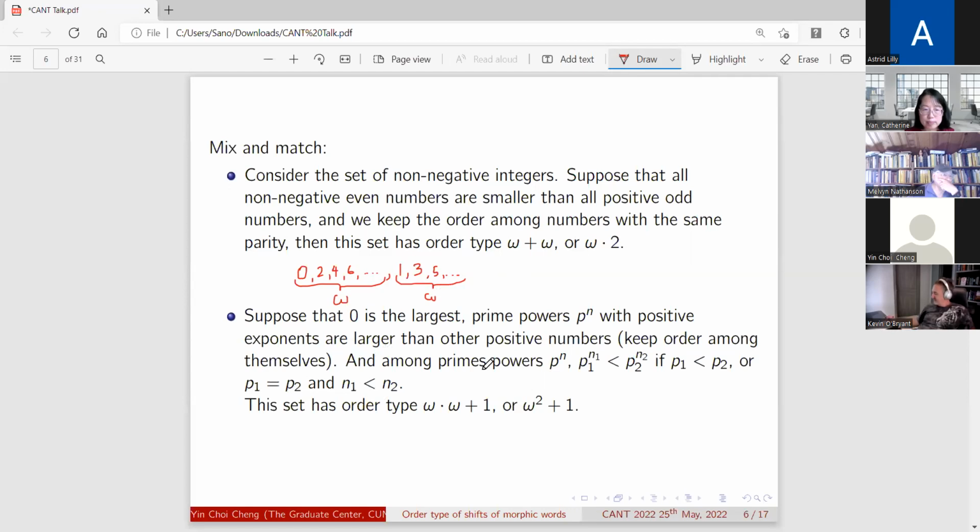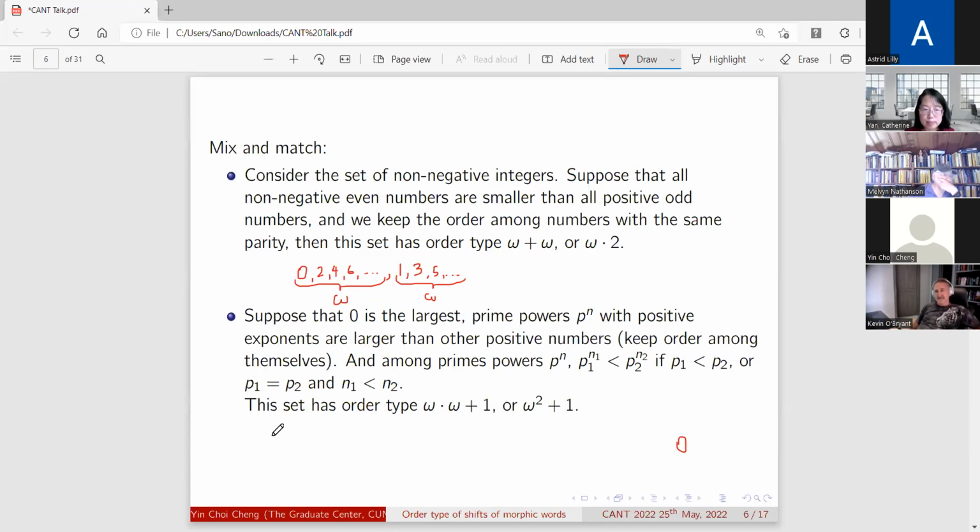And now, once again, we consider a set of non-negative integers, and suppose that 0 is the largest. And prime powers p to the n with positive exponents are larger than other positive numbers, and we keep the order among these positive numbers.